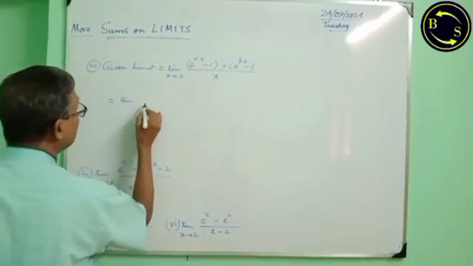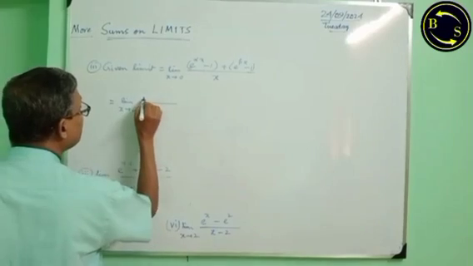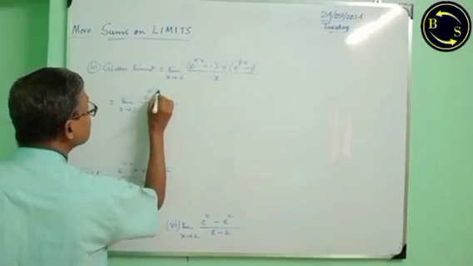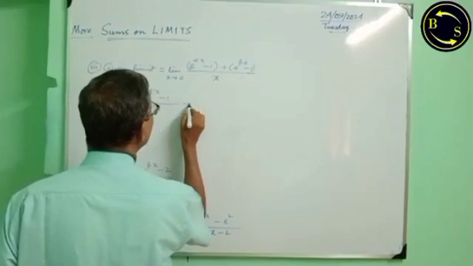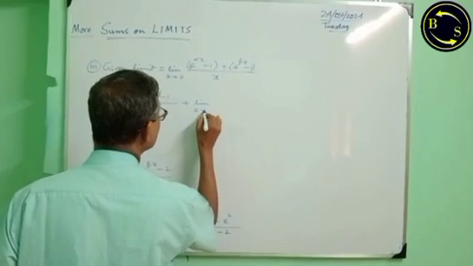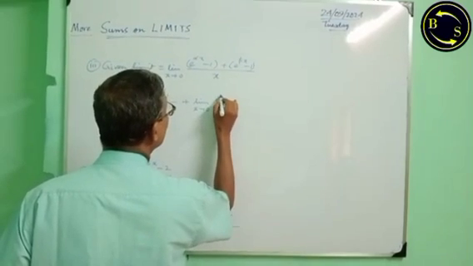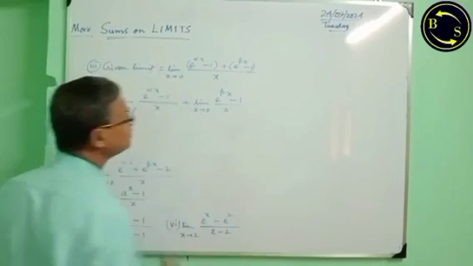limit x tends to 0, e to the power alpha x minus 1 by x plus limit x tends to 0, e to the power beta x minus 1 by x.